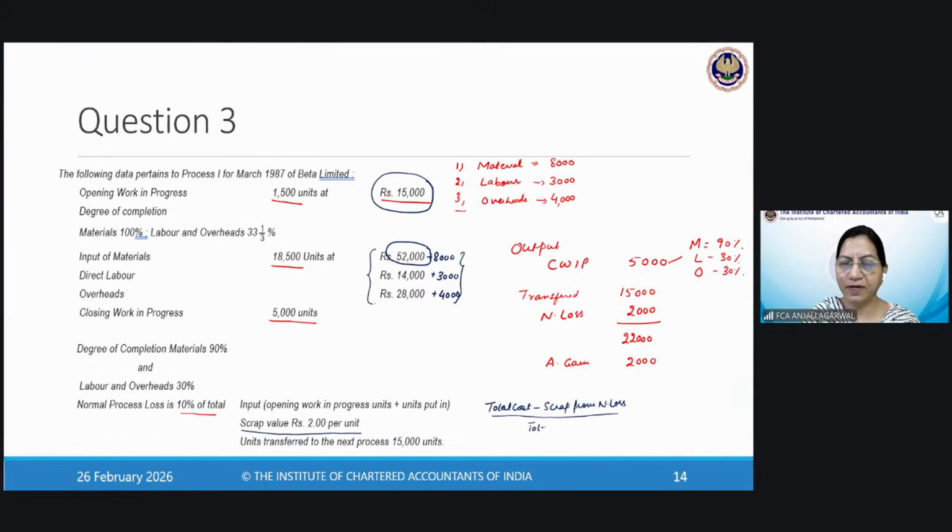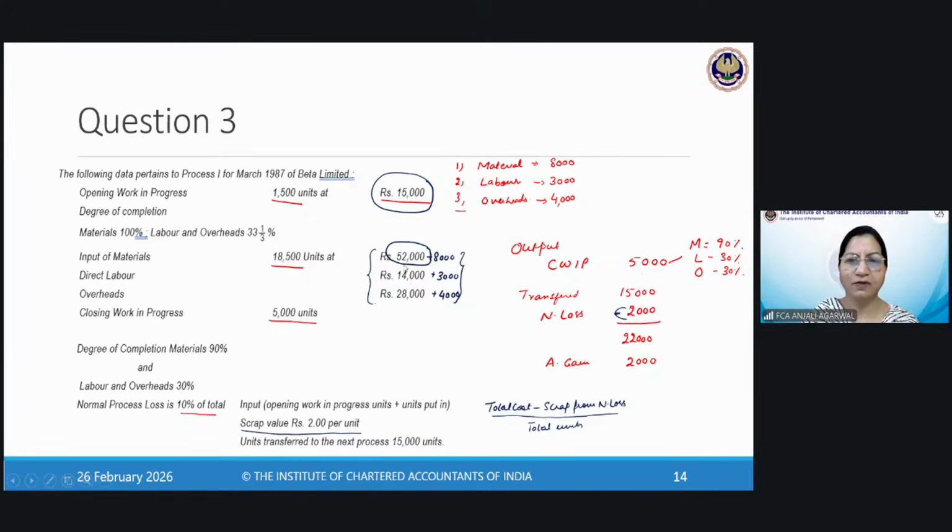But in equivalent production, we will take it for each element of cost separately. So material cost 52 plus 8,000 of opening WIP because we are following weighted average. So 52,000 plus 8,000, 60,000 minus the scrap realized from sale of normal loss, 2,000 units of normal loss, and this 2,000 is multiplied by 2 rupee per unit. So amount realized from sale of normal loss should be 2,000 into 2, 4,000.